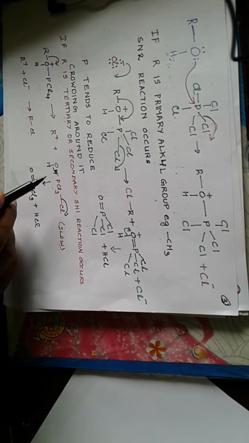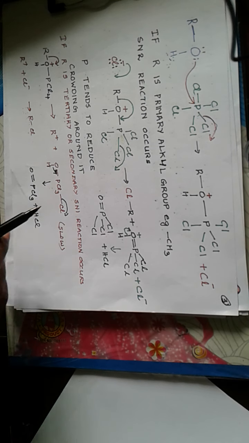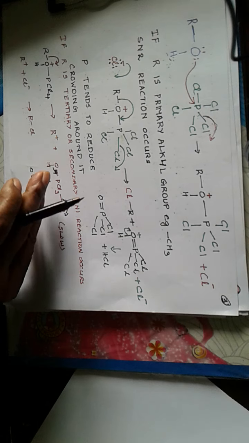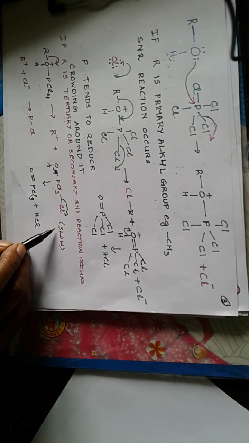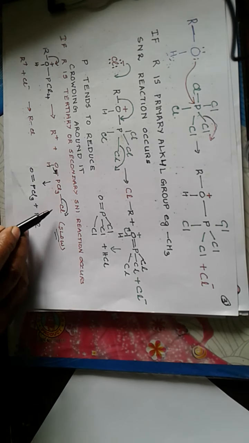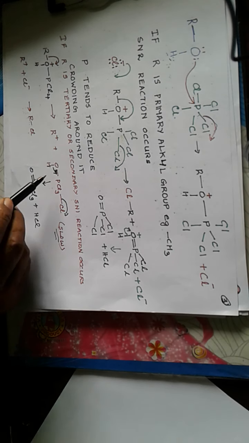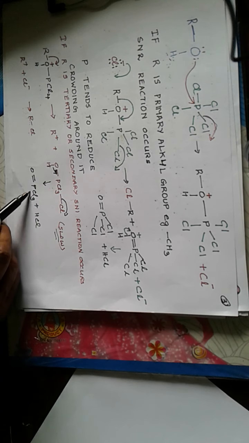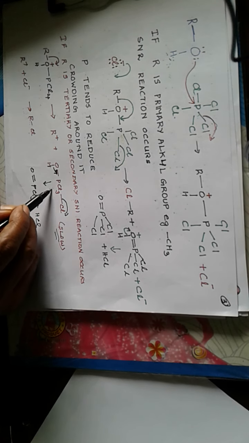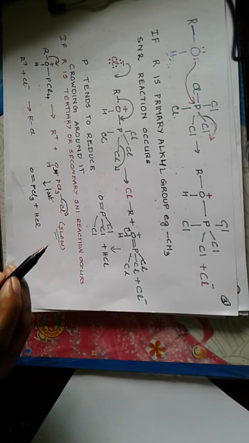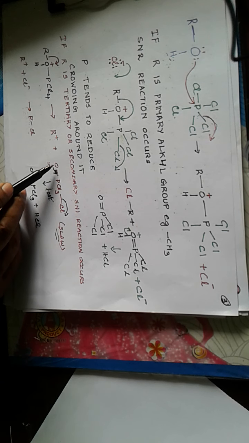That is not a slow process, but this one is a slow process, and this process is a fast one. So the slow here means this step as a whole is slow, but this reaction is not slow, it is fast. So you shouldn't confuse this change with this reaction. Here POCl3 and HCl are formed by a fast reaction, but this step is a slow step, that is formation of R positive and OH PCl3Cl.